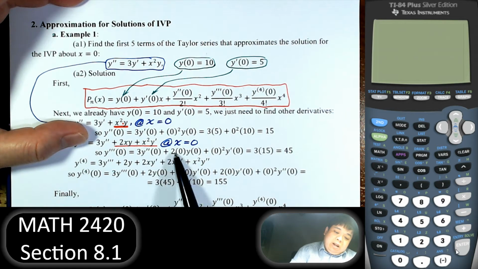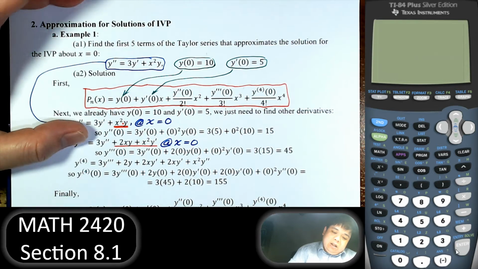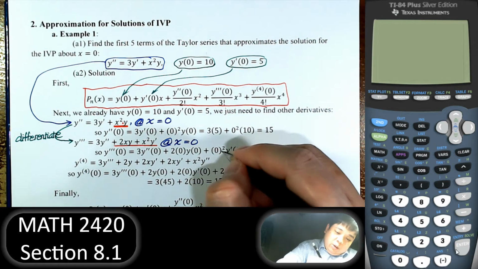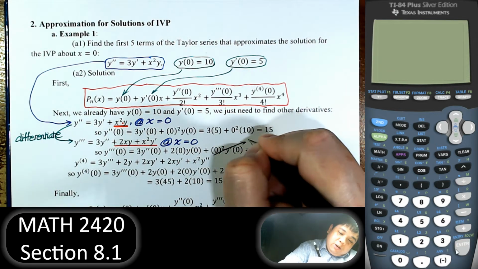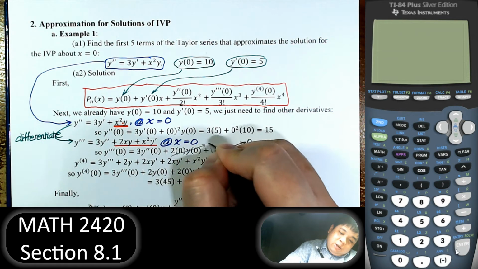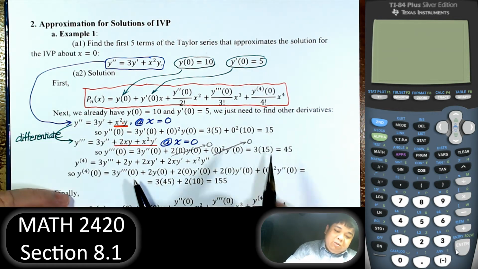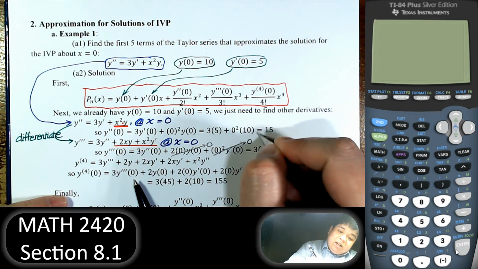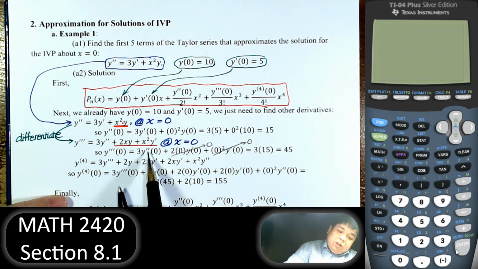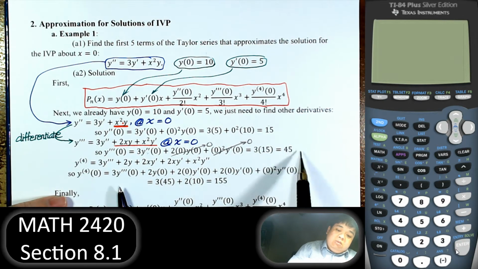So we have all of that. Good thing when we have 0, that goes to 0, that goes to 0, and 3 times the second derivative. The second derivative is 15. We already have that earlier. So we substitute into the second derivative at 0. That is 3 times 15 is 45, and that's what we have.